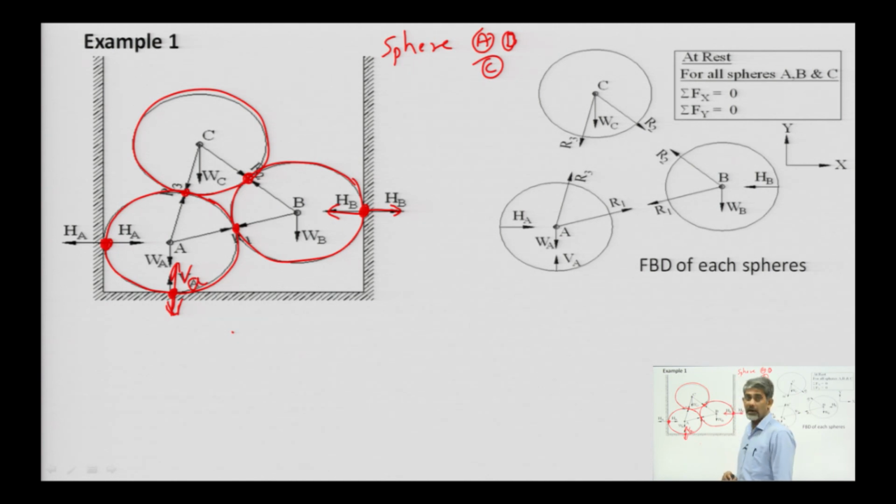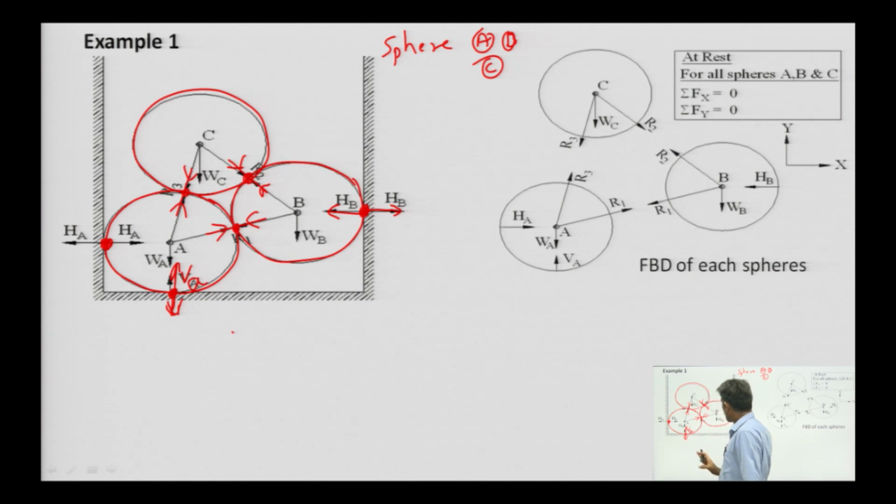Of course, there are other forces also at every contact point. This one force will be there, this one, this one. The load is known to us, so no problem.